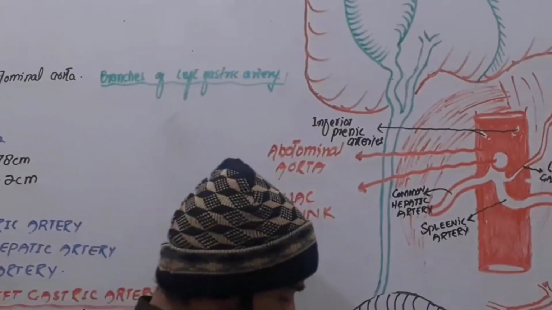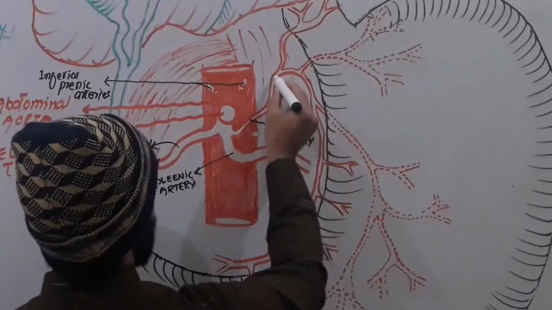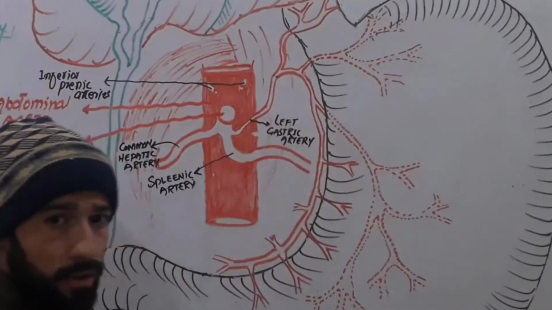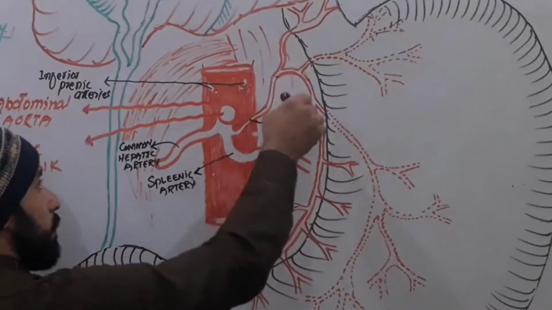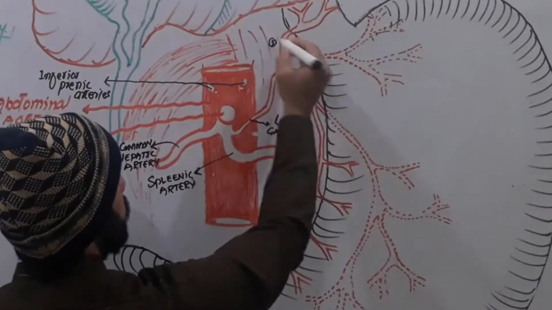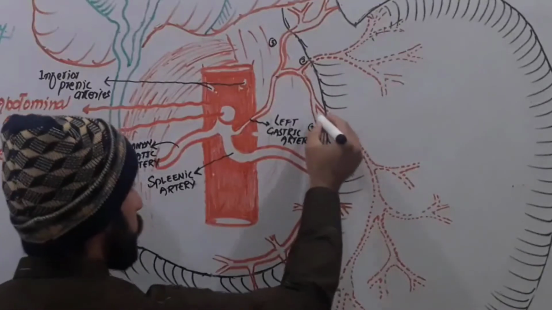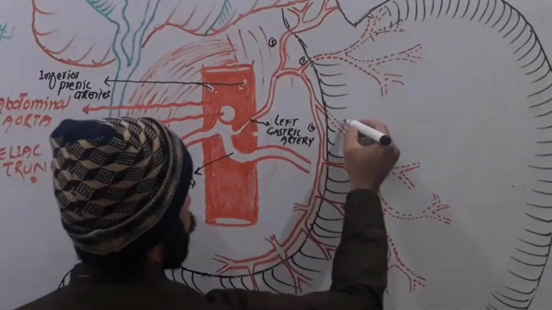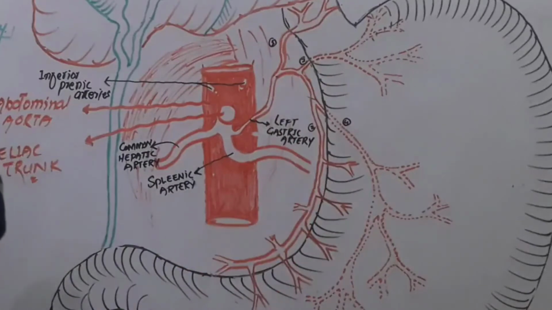Look, dear friends. First of all, when it ascends up to here, this is our left gastric artery, and I told you then it moves anterior-inferiorly and gives off the first branch here. This is our first branch, then the second branch here, then the third branch is this one which is coming anteriorly, and the fourth branch is this one which is going to the posterior aspect of the stomach, right?